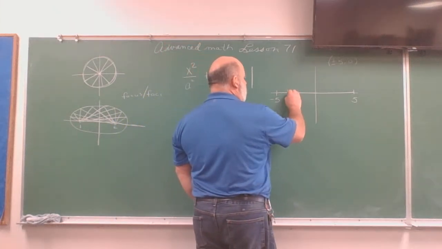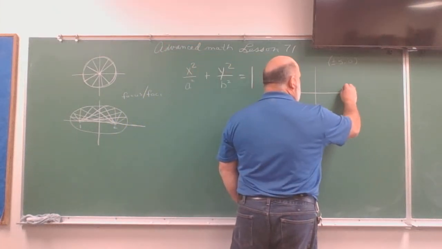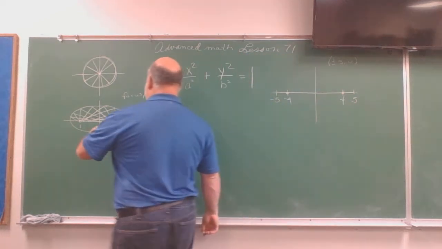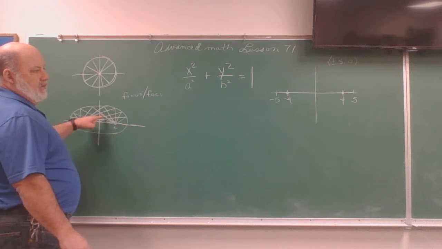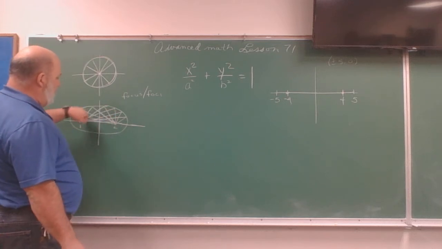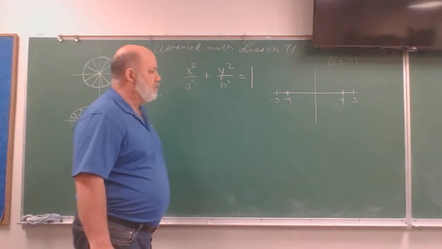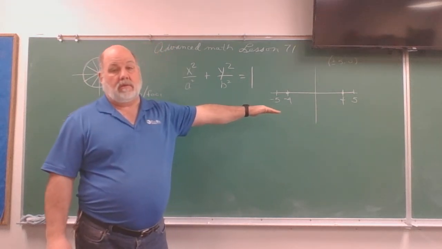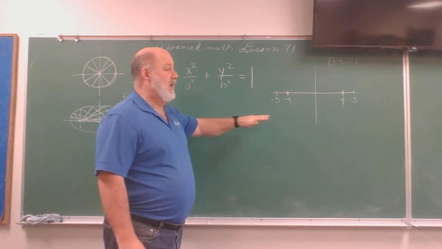And then you have foci at negative 4 and positive 4. Those are the 2 points that this outside is equal distance from, both of them.